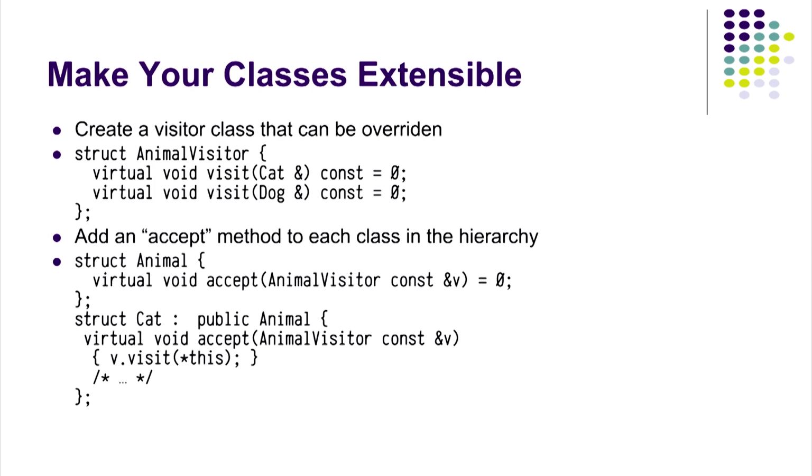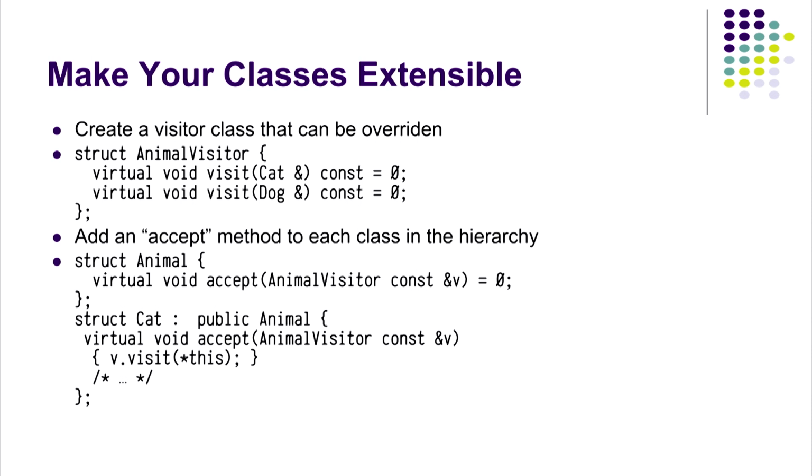Well, we need to do two things. And by we, I mean the class designer, right? So if they didn't design the animal hierarchy for extensibility, you're out of luck. But what they can do is create an animal visitor class that can be overridden, that has a visit method that takes a cat reference and a visit method that takes a dog reference.